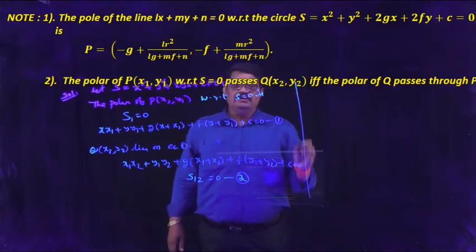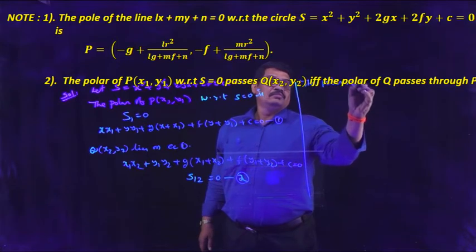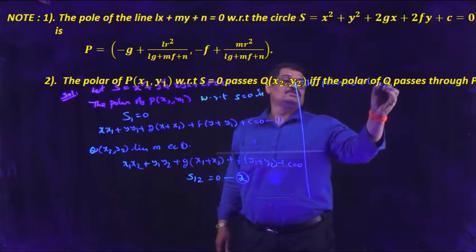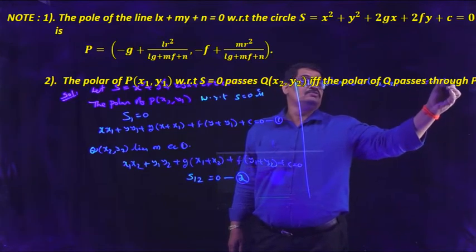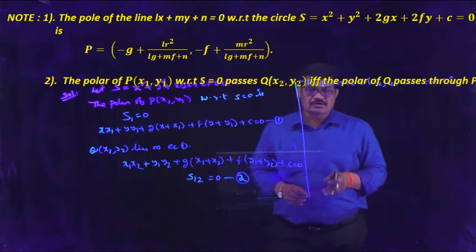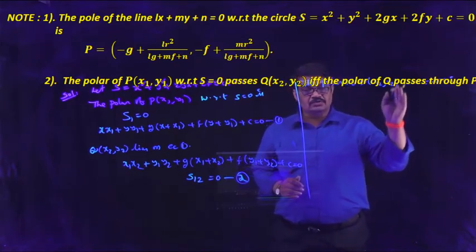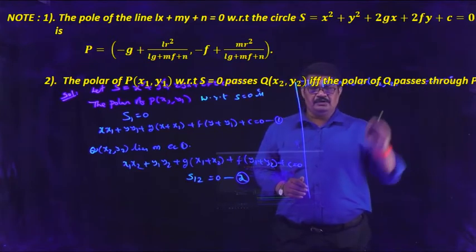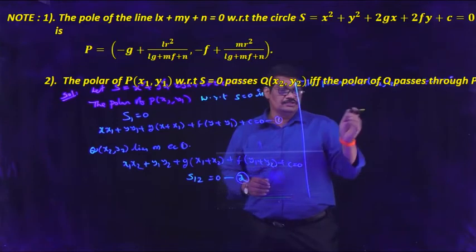We are writing the polar of Q(x2, y2) with respect to S = 0. So we take the converse part. What is the converse part? The polar of Q passes through the point P. First we write the polar of Q(x2, y2) with respect to the circle.